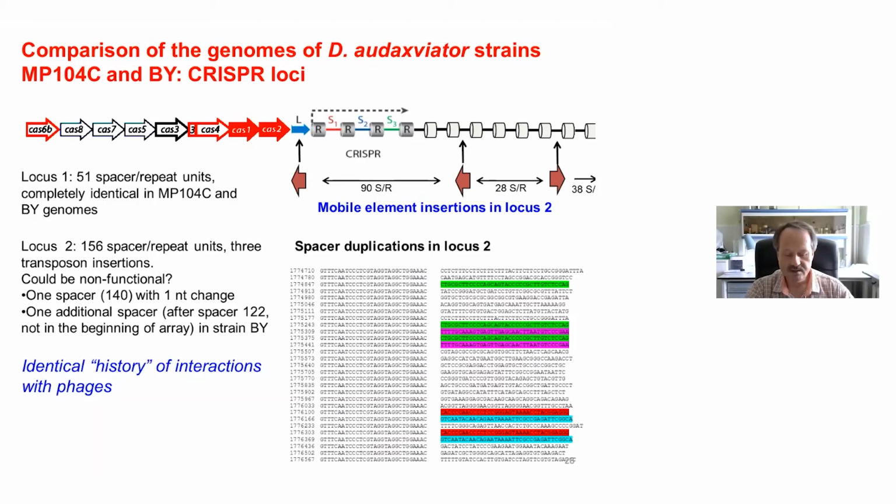Such similarity indicates identical history of interaction with phages in both South African and Siberian strains. But phages are always supposed to be specific to a particular ecosystem. That means that all this history occurred before separation of South African and Siberian Desulforudis.